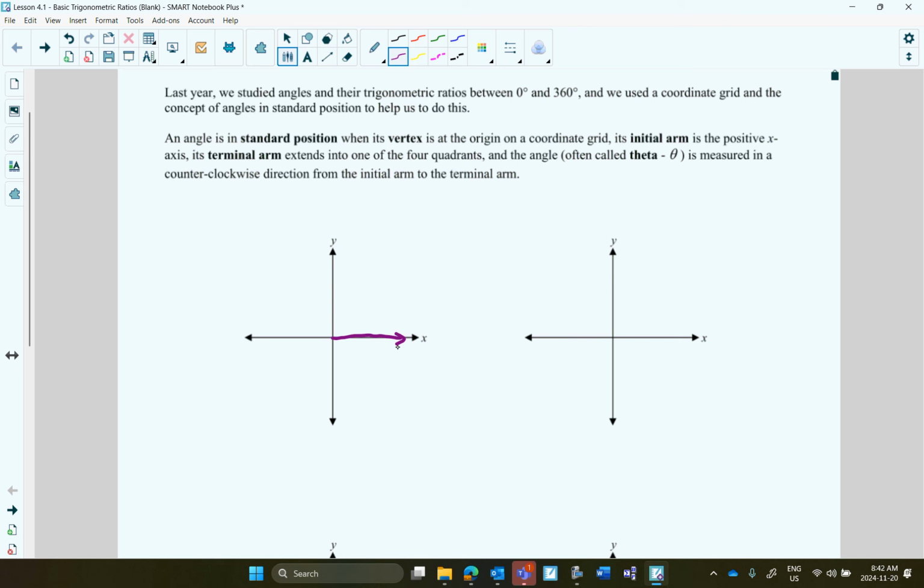Okay. And then depending on the measure of the angle, the second arm, which we call the terminal arm, where the angle ends, is going to be somewhere in the 4 quadrants. We'll focus on the first quadrant to start with. So this is the initial arm. This is the terminal.